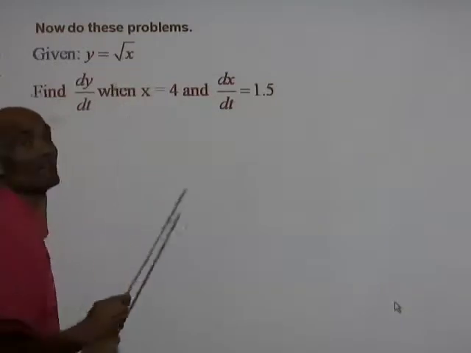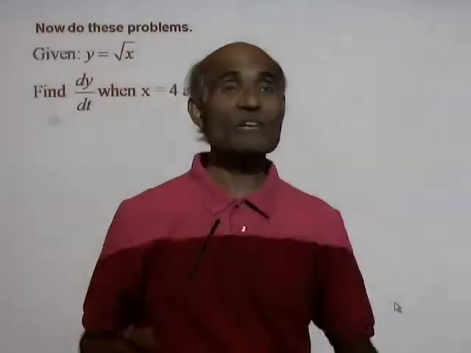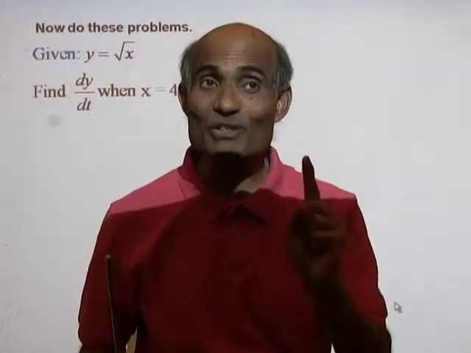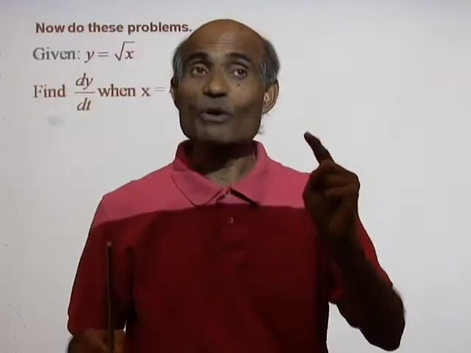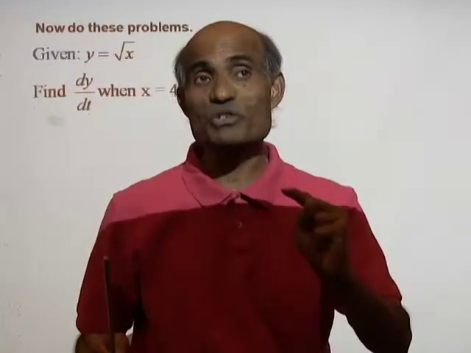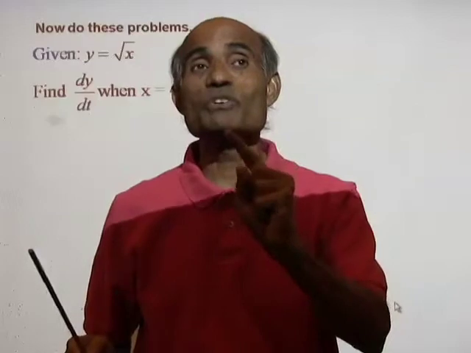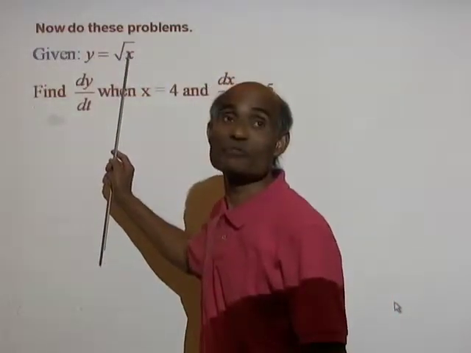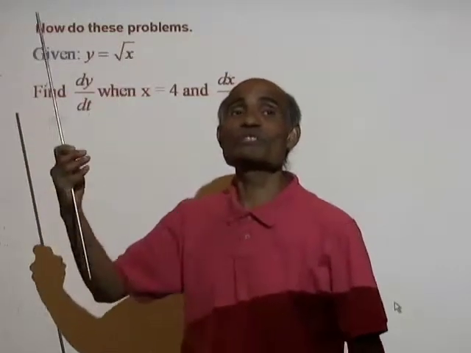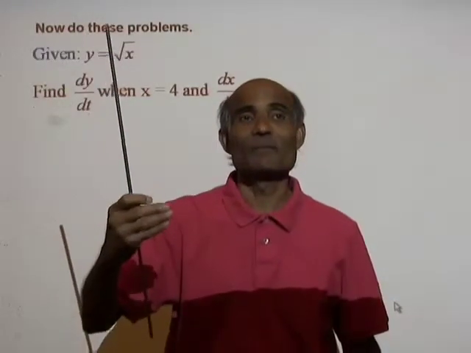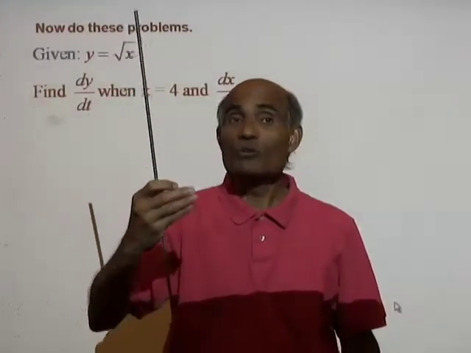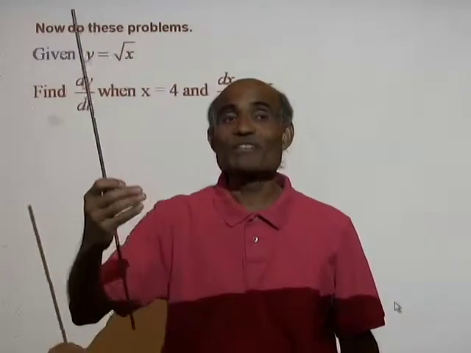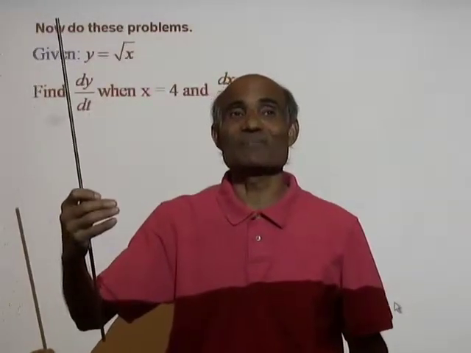Keep in mind that the derivative of a square root quantity is 1 over 2 square root quantity times the derivative of that quantity. So what is the derivative of square root x with respect to t? It will be 1 over 2 square root x times dx by dt.